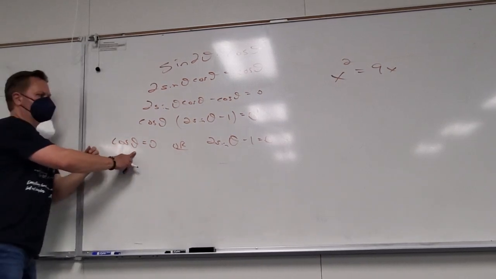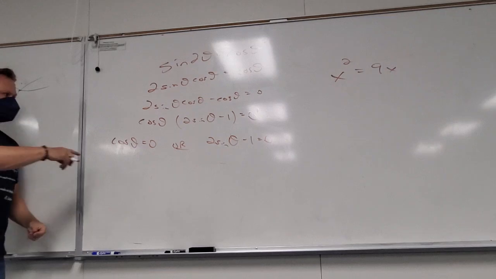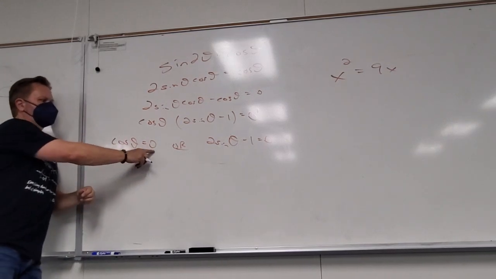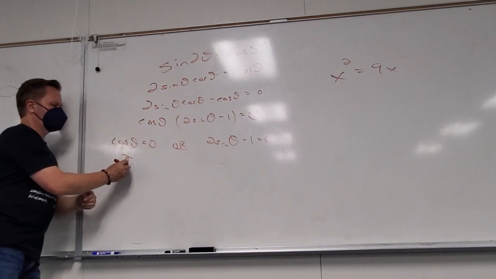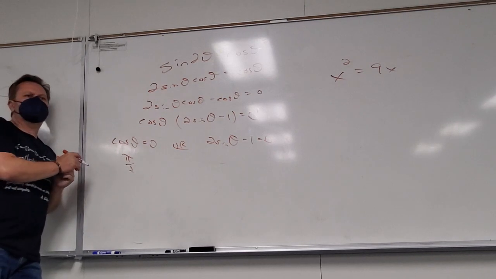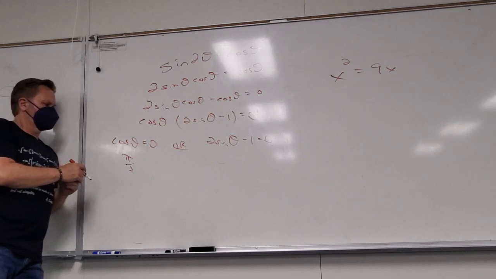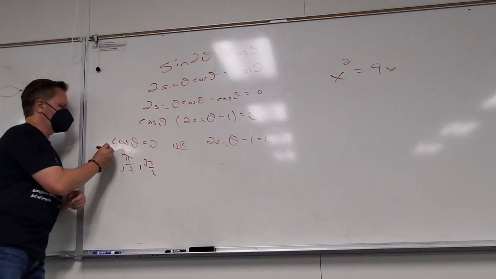So for cosine theta equals 0, when I taught this in pre-calc, I had a base answer and then the rotations. What's the most basic answer to cosine theta equals 0? Pi over 2, and 3 pi over 2. Now how do you capture all of them? Because pi over 2, 3 pi over 2, plus pi over 2, negative pi over 2, right?